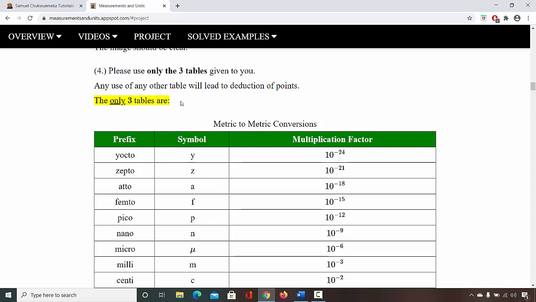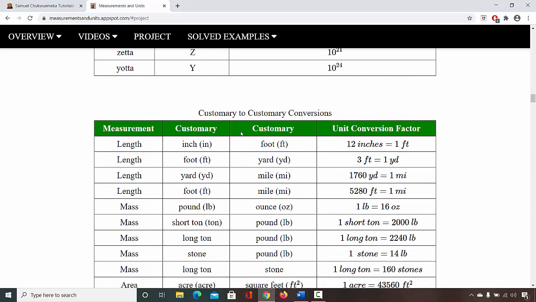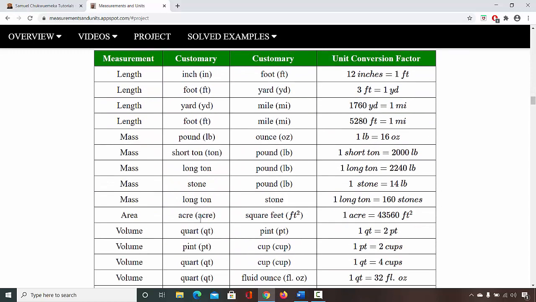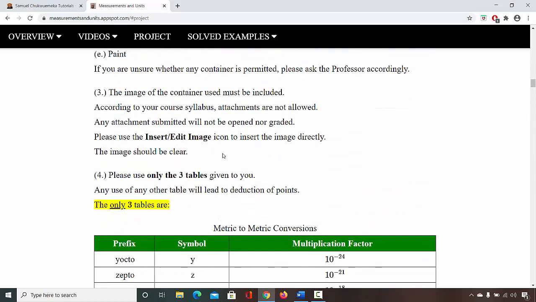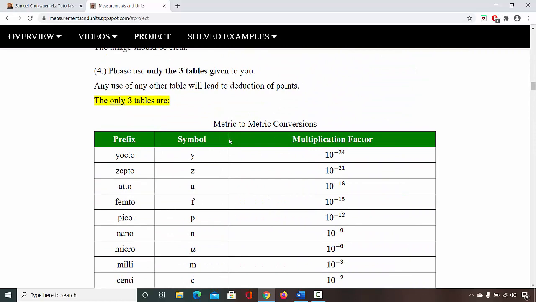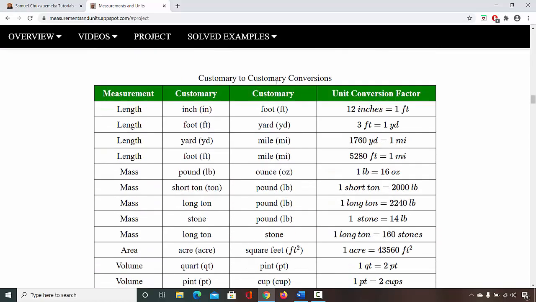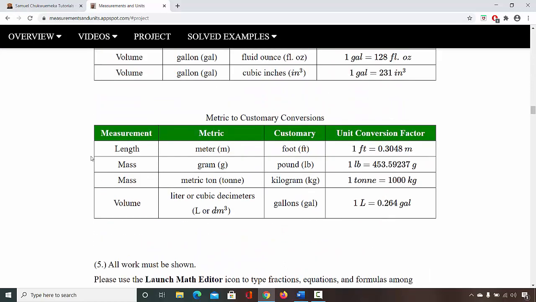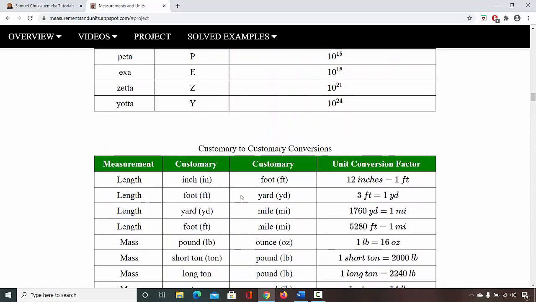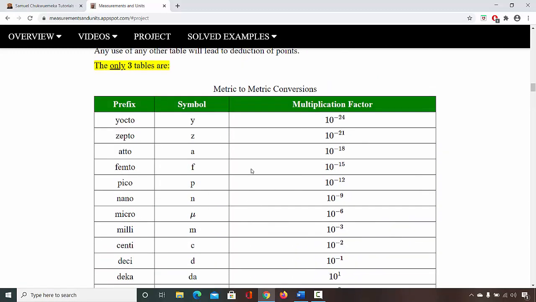The 3 tables are: metric to metric conversions, customary to customary conversions, and then metric to customary conversions. This is international, and customary is United States. So these are only the 3 tables that I give them because of what I want them to learn.